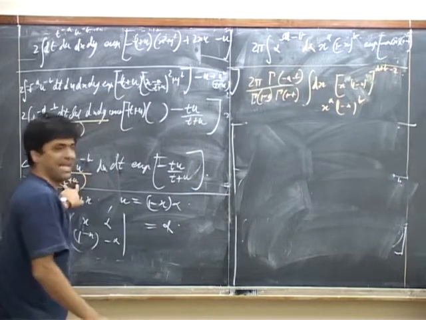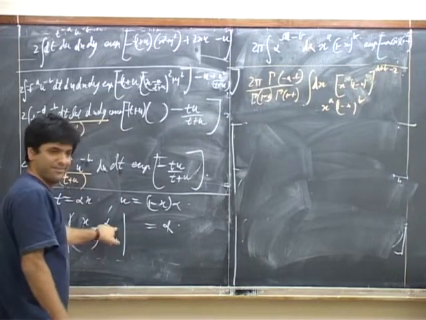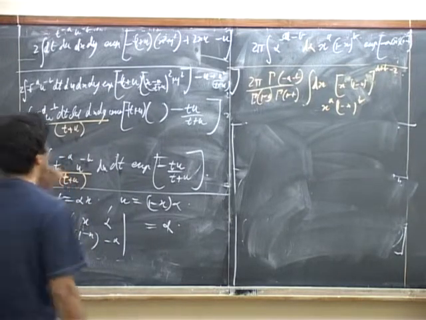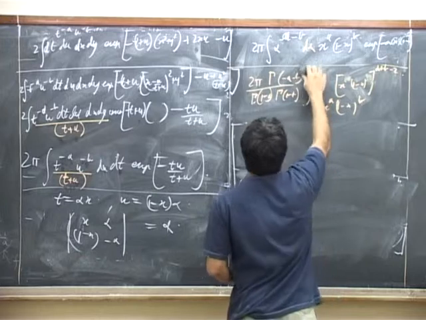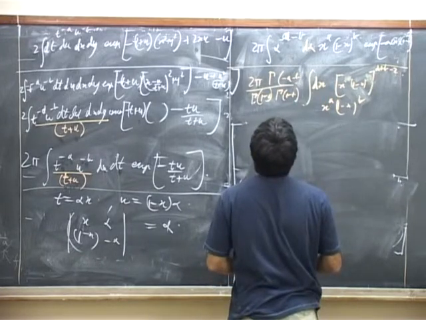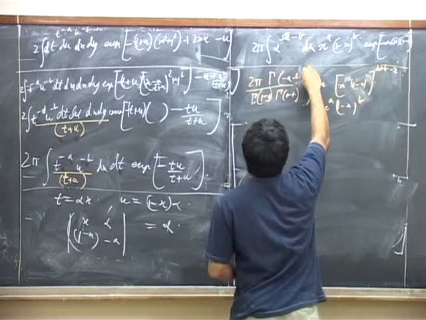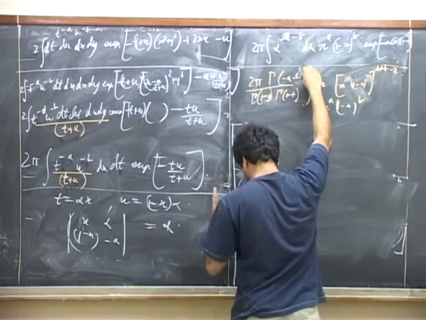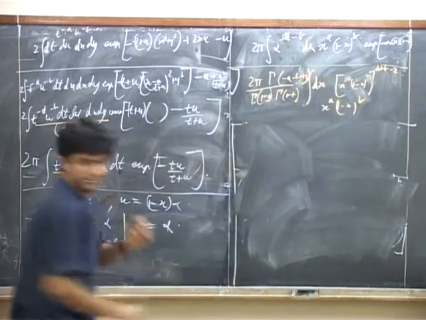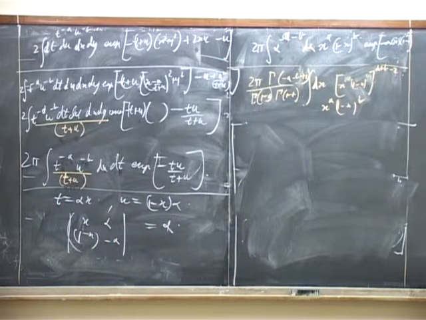This just cancels the alpha we get from the Jacobian. So this gives us a gamma function, since the integral of t to the n is gamma of n plus 1.